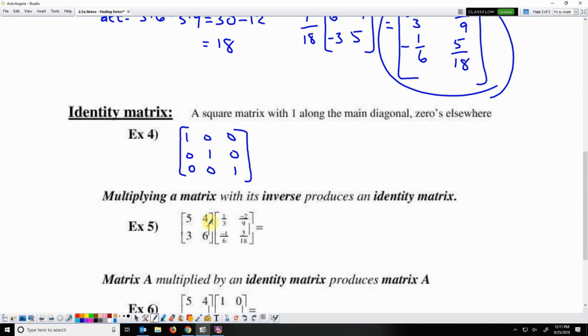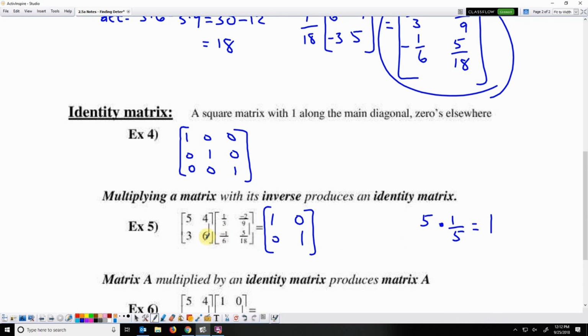So if I went through the multiplication on this, I would end up finding that my product is this, 1, 0, 0, 1. I'm multiplying by an inverse. Just like if I multiplied a number like 5 by its reciprocal, I would get 1.